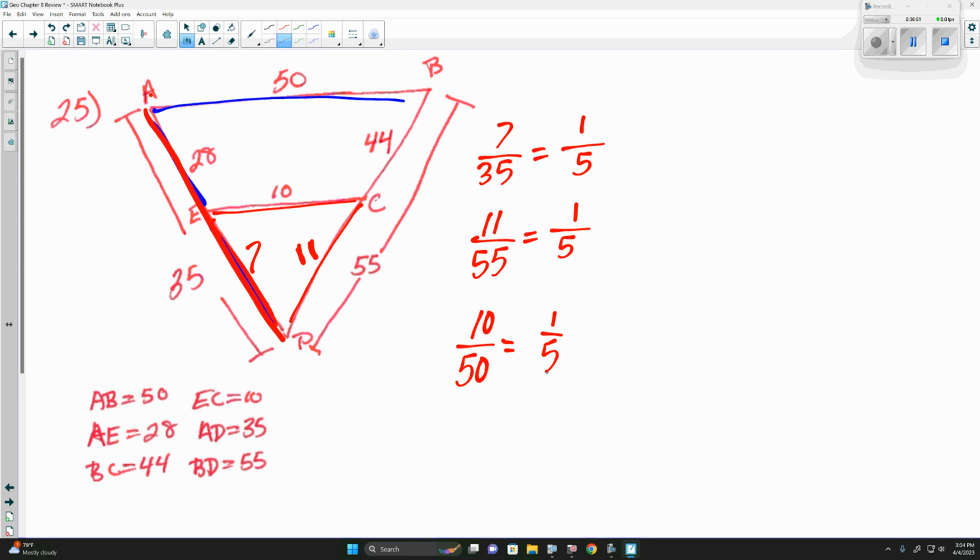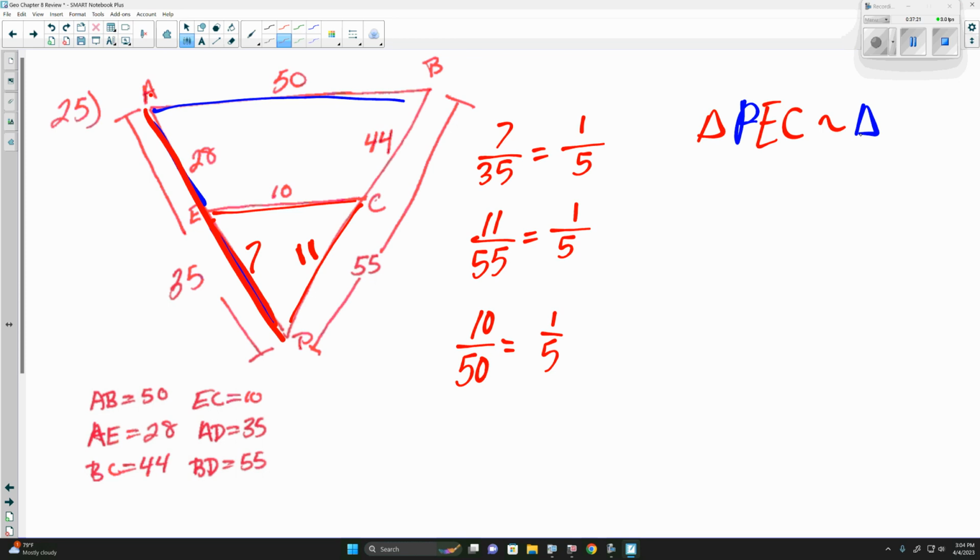So can we say these two triangles are similar? Triangle what? ECD is I think what I heard. PEC would work.